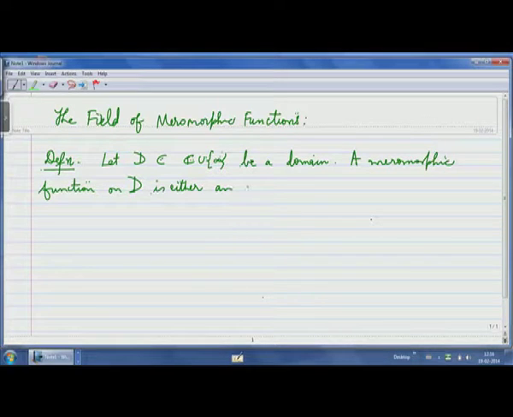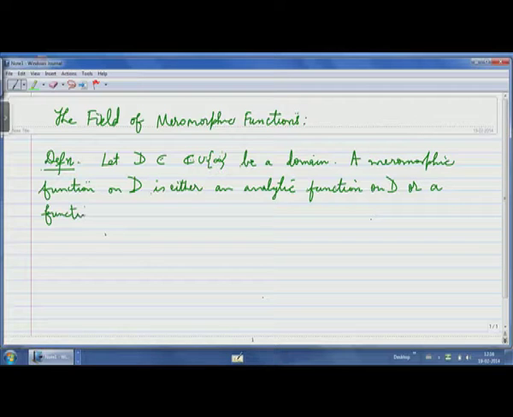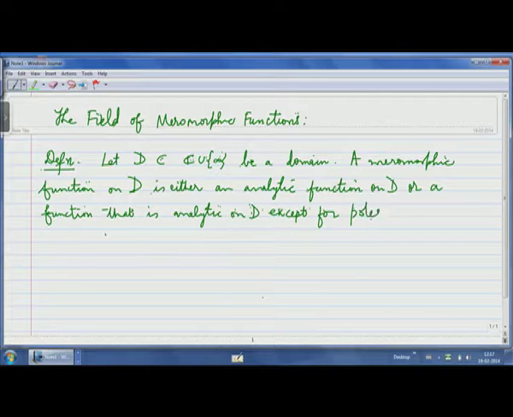an analytic function on D, or a function that is analytic on D except for poles.